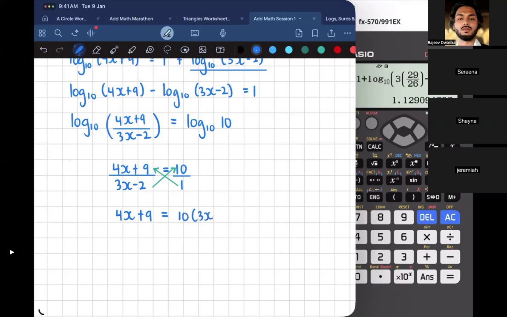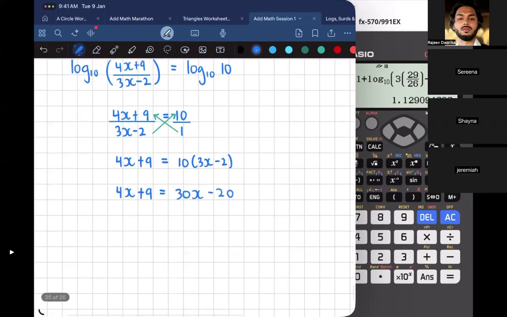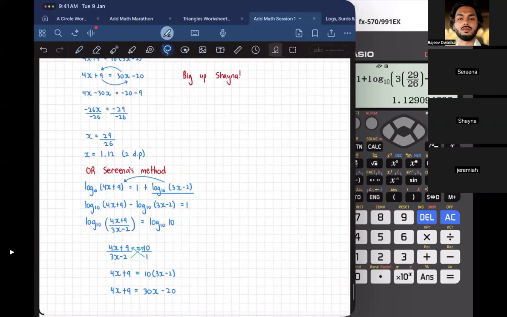Well, it would equal 30x minus 20, but I wrote it as 10 open brackets 3x minus 2 at first. Oh, okay. All right. And then the next step is basically the same thing as over here, right? It's the exact same thing. So I could just copy and paste from this point.